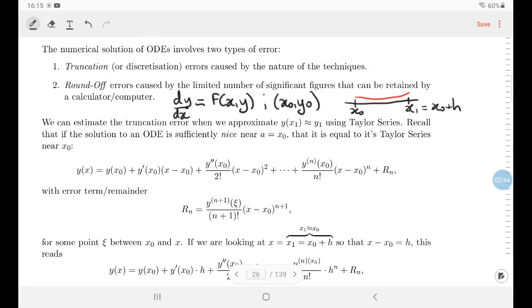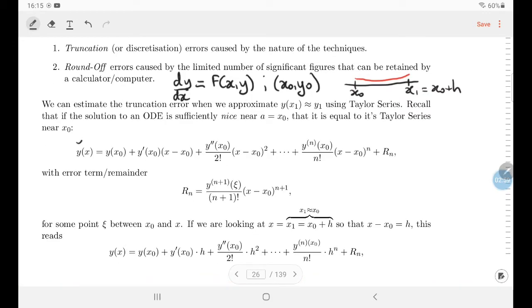Okay, so you can estimate the truncation error when using Taylor series. So that's why we did Taylor series. So if the solution to an ODE is sufficiently nice, which it nearly always will be, it'll be equal to its Taylor series. So this is the exact solution over here is equal to its Taylor series.